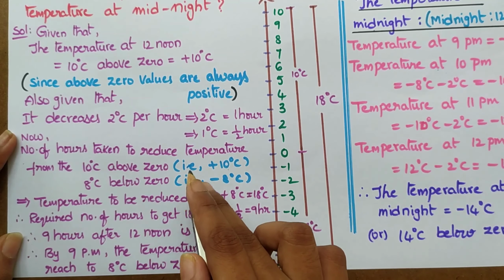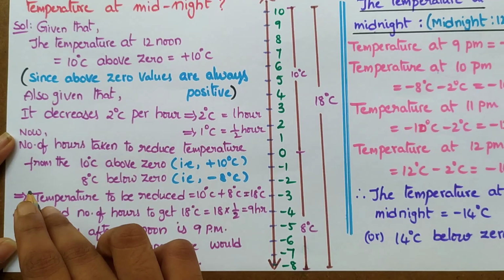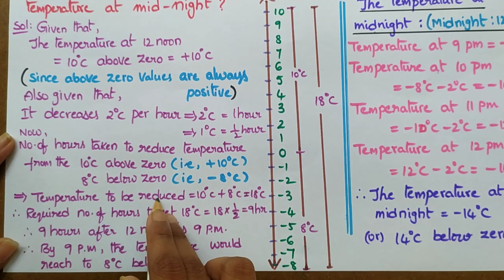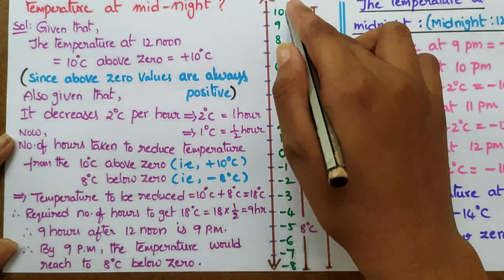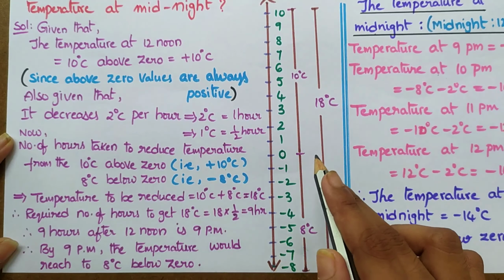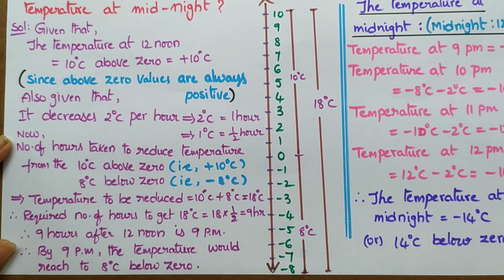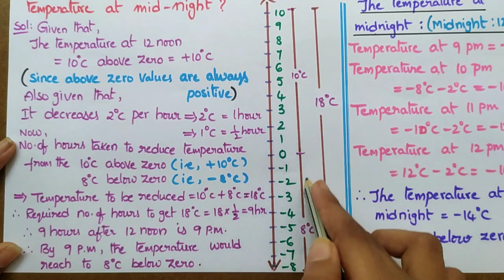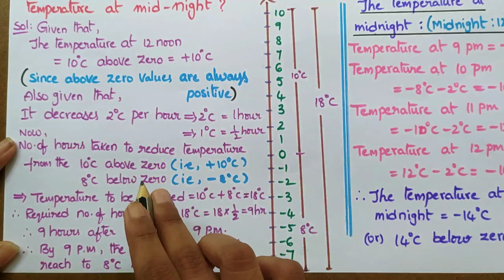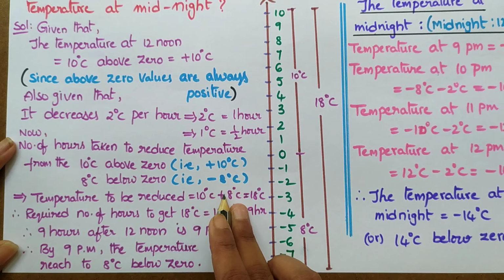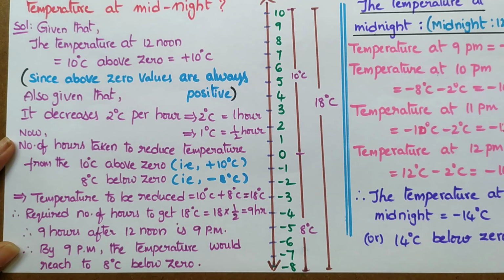Therefore the temperature to be reduced is 10 degrees Celsius plus 8 degrees Celsius. This is 10 degrees Celsius till 0, and from 0 till minus 8 it is 8 degrees Celsius. So 10 plus 8 is equal to 18 degrees Celsius.